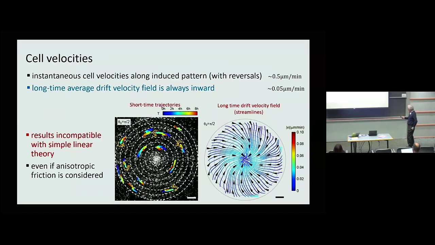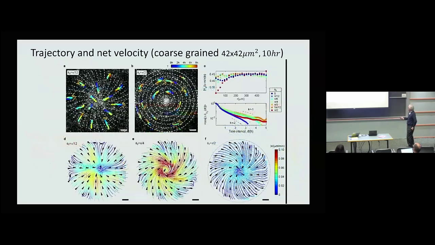However, this is incompatible with the linear theory prediction. It's the same for the other patterns, the radial pattern or the slightly curved spiral pattern. We all see the inward net flow.